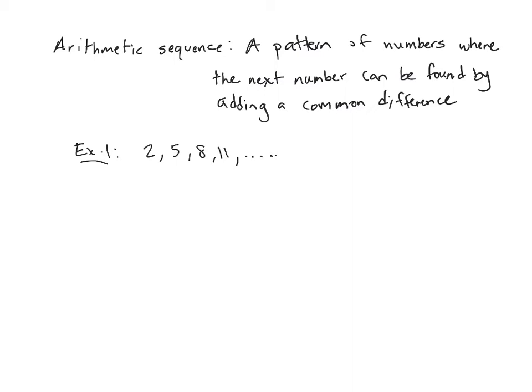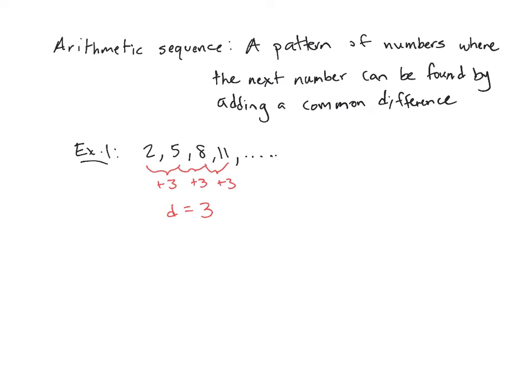The reason this would be an arithmetic sequence is because I can find the next number by adding 3. So I would say that 3 is my common difference. We usually use the letter D to denote a common difference. So I would know it's arithmetic because I can find the next one by adding, and 3 would be my common difference.